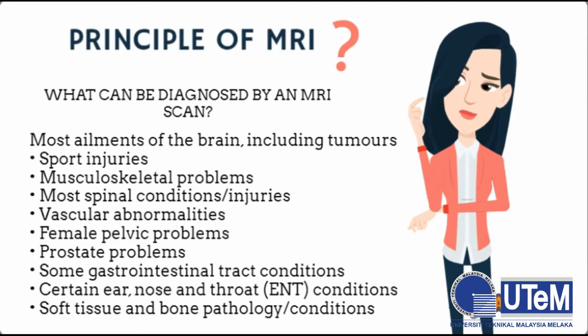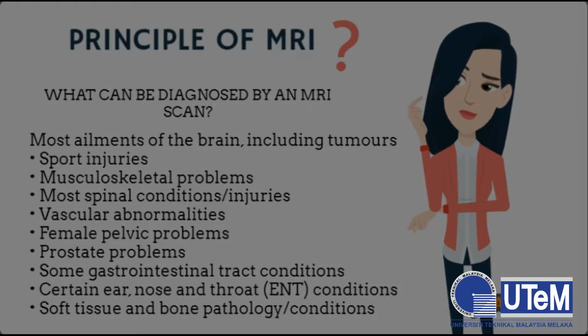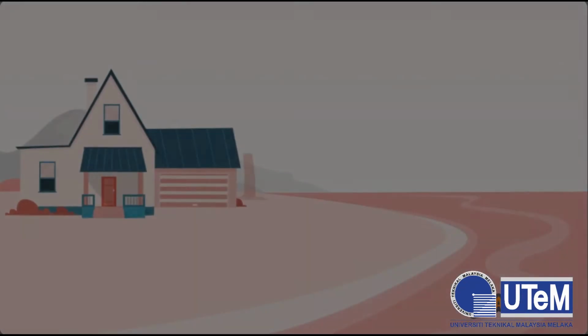Most ailments of the brain including tumors, spinal injuries, muscular problems, most spinal conditions or injuries, vascular abnormalities, female pelvic problems, prostate problems, some gastrointestinal tract conditions, certain ear, nose and throat, ENT, conditions, soft tissue and bone pathology or conditions.